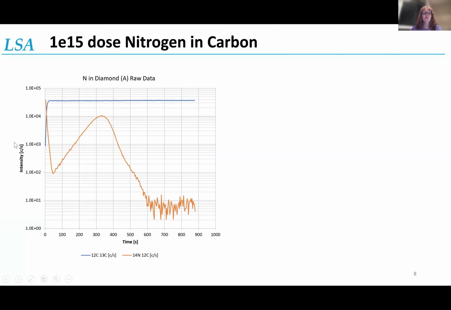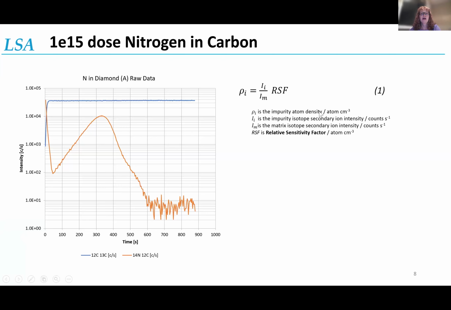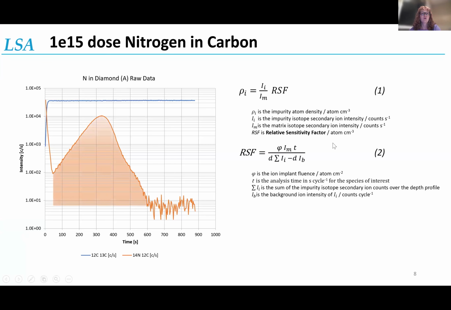So here we've got a raw data depth profile with intensity signals on the y-axis and time on the x-axis. And with some equations and the relative sensitivity factor, we can quantify this data. So we can turn an intensity scale into an atoms per centimeter cubed scale.